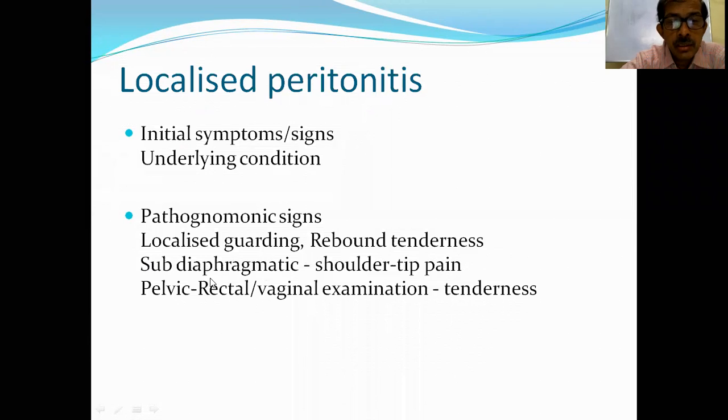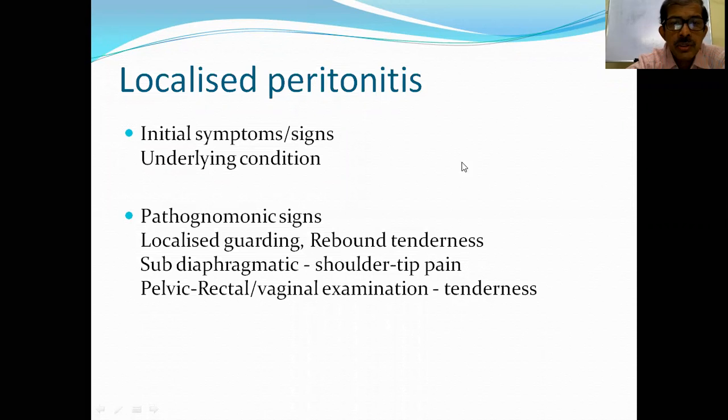Then, of course, subdiaphragmatic abscess can produce shoulder tip pain. Right subdiaphragmatic, right shoulder, left subdiaphragmatic, left shoulder. And if it is in the pelvis, if you do PR and PV, there will be tenderness.